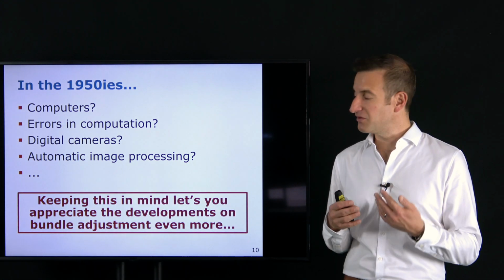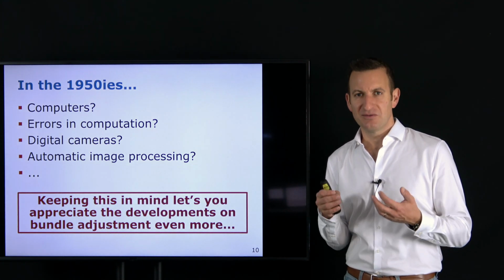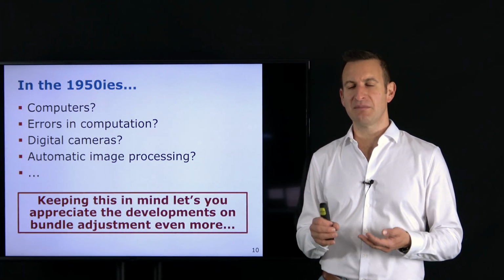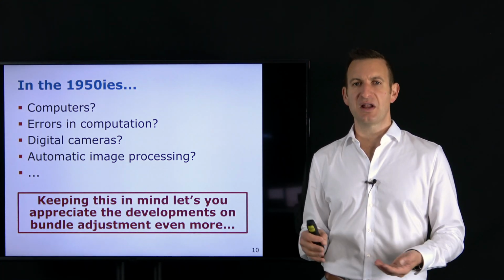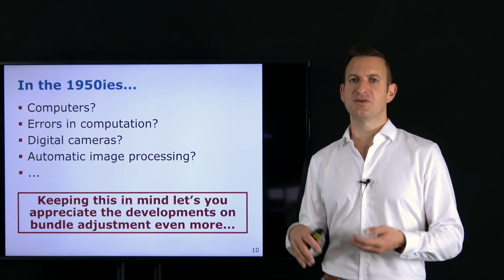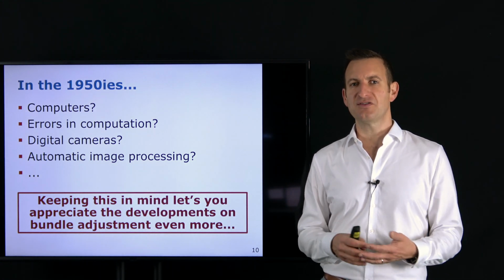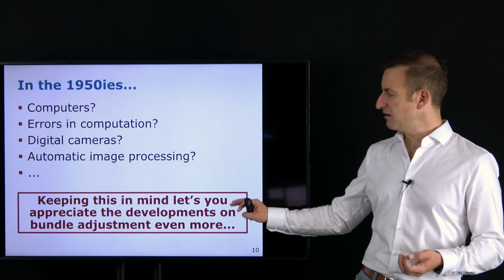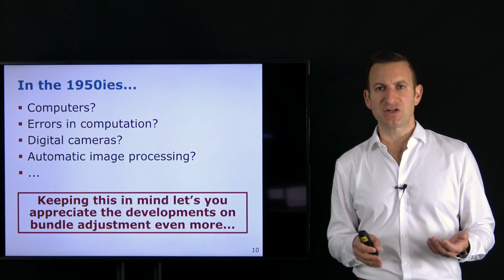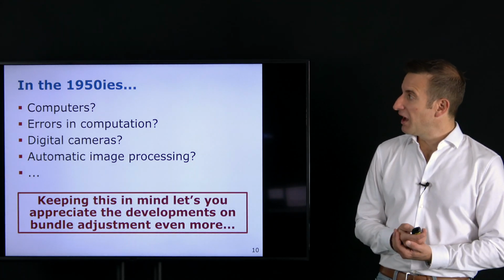It's a greater appreciation for the developments which happened that early in time, especially if you take into account which kind of resources were available at that point in time in order to develop the solutions that we are basically still using today. Of course, being optimized to our computers, being able to exploit certain patterns that we see in those matrices, but nevertheless, the grounds for solving the system in that way had been developed much earlier in the photogrammetric community. Okay, but enough of history.